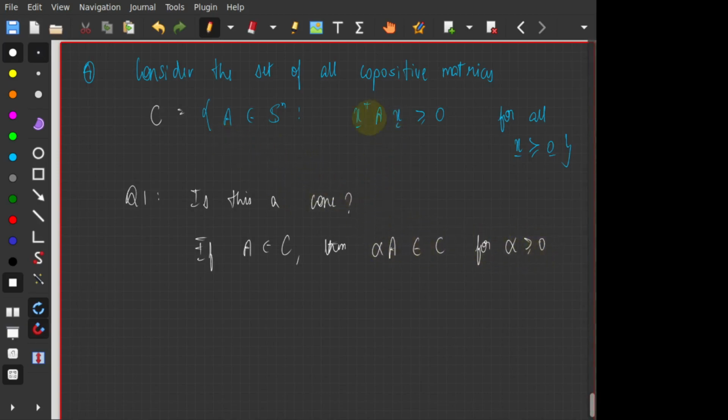Because x transpose A x greater than or equal to 0 implies that x transpose alpha A x is also greater than or equal to 0. Okay, is it convex?